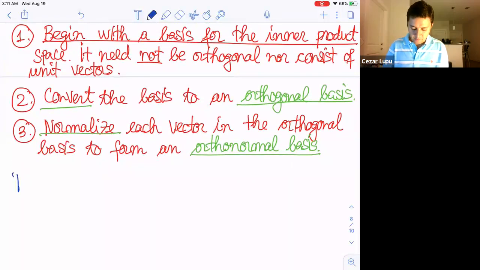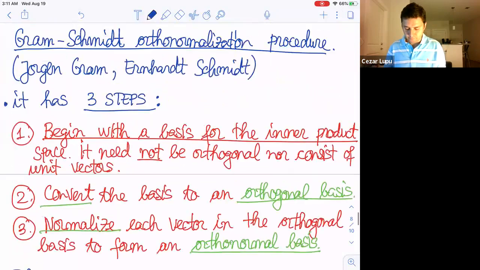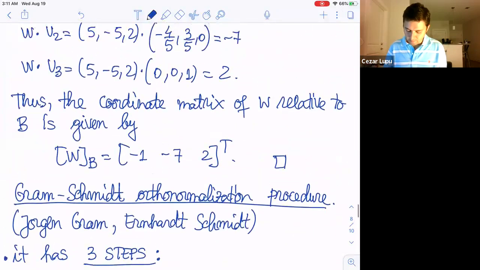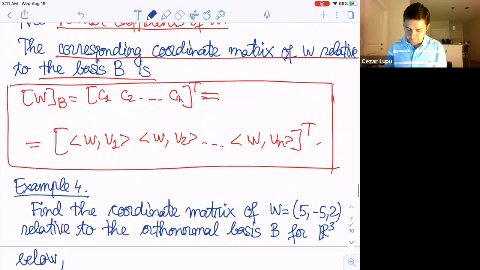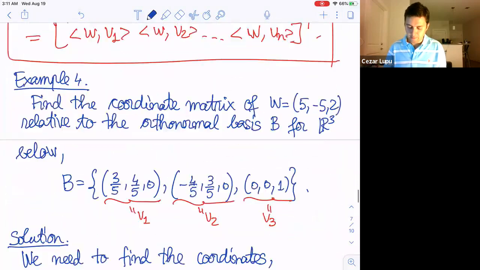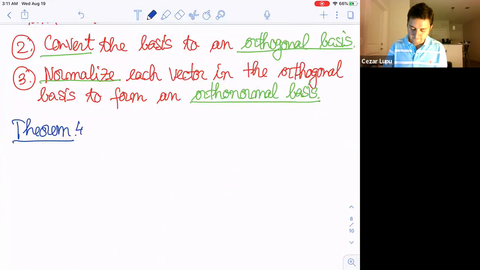Now let's describe it in detail. We have the following theorem, theorem number 4. Let's describe the Gram-Schmidt orthonormalization procedure in detail.